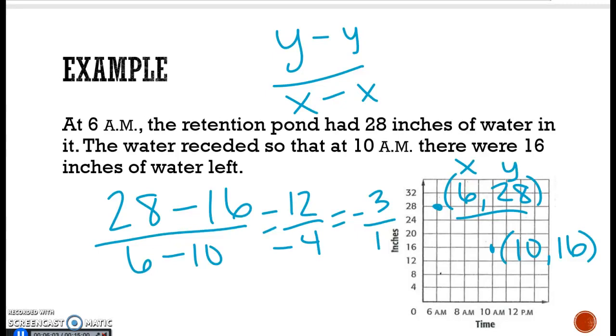If I were to interpret this negative 3 over 1, it tells me that every hour, because hours are our time, that's our x value, the level of water goes down 3 inches. And we know it's going down because it's negative.